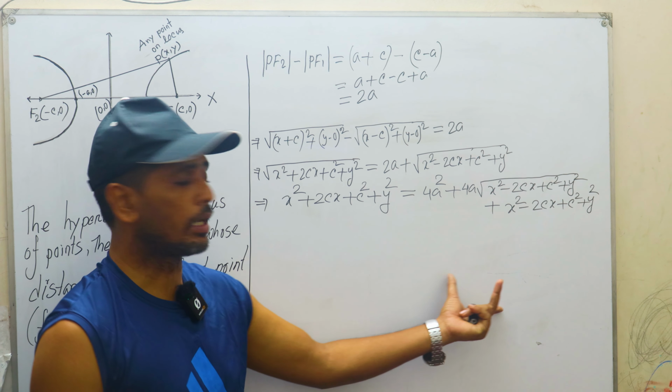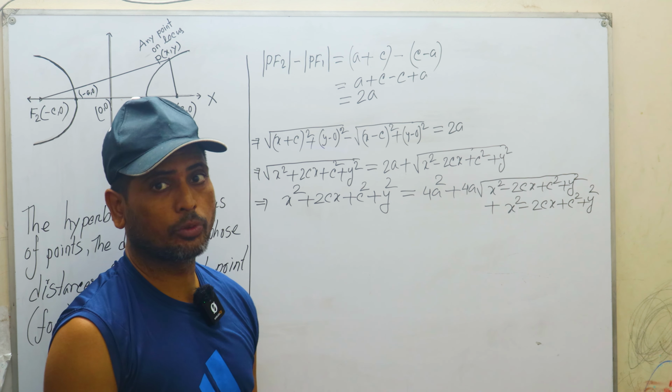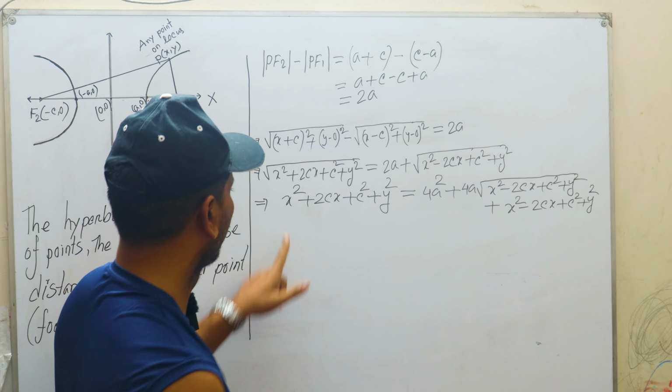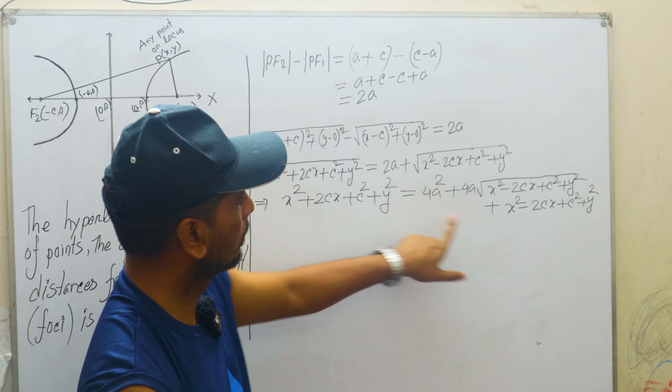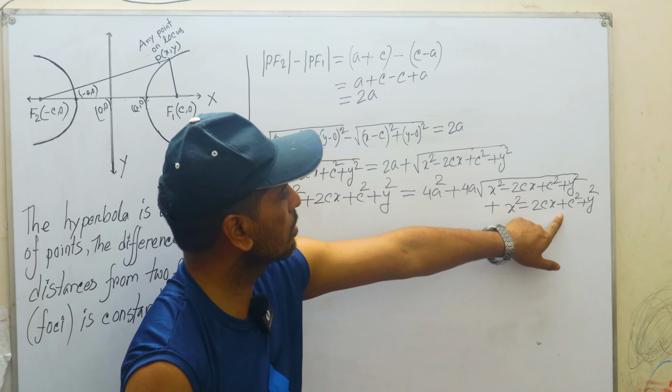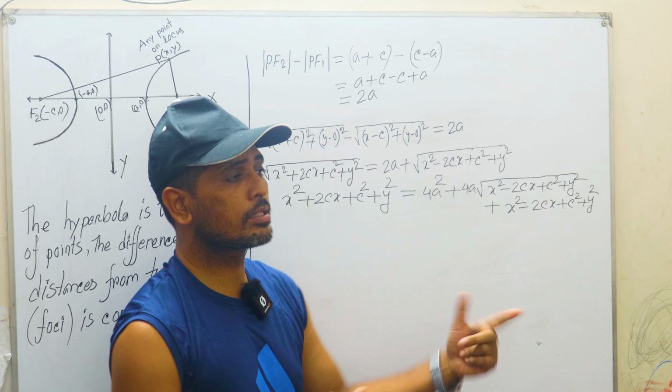Now like terms from both sides cancel: x square, c square, y square are similar terms.